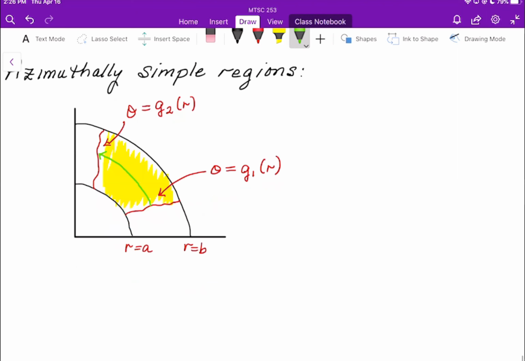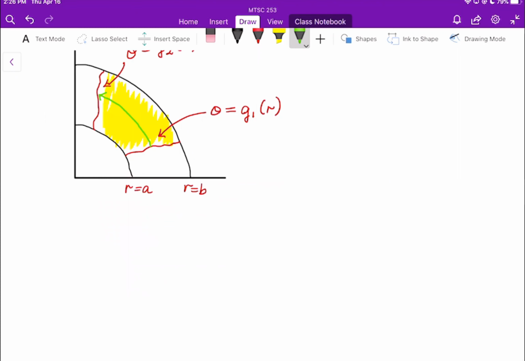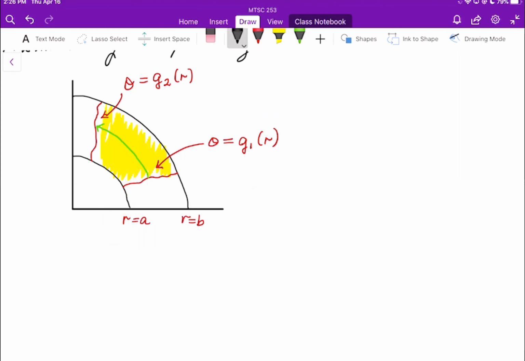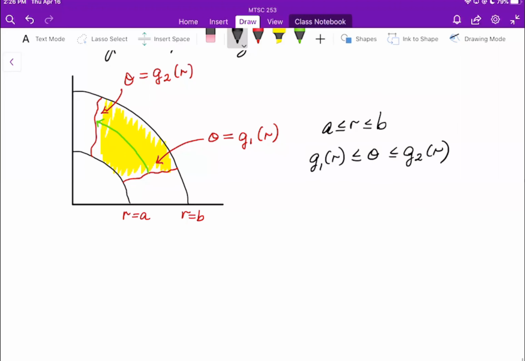Okay. So here now, I know that a is less than or equal to r is less than or equal to b. And I know g1 of r is less than or equal to theta is less than or equal to g2 of r.